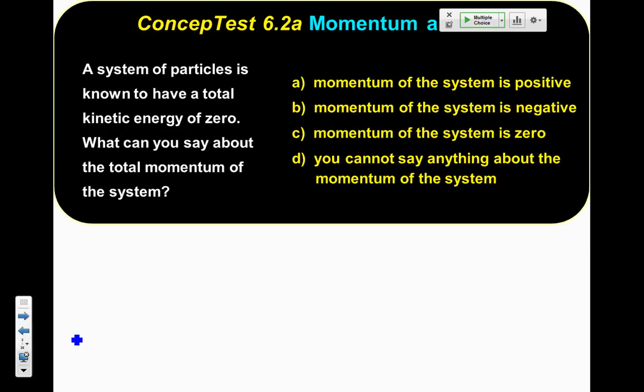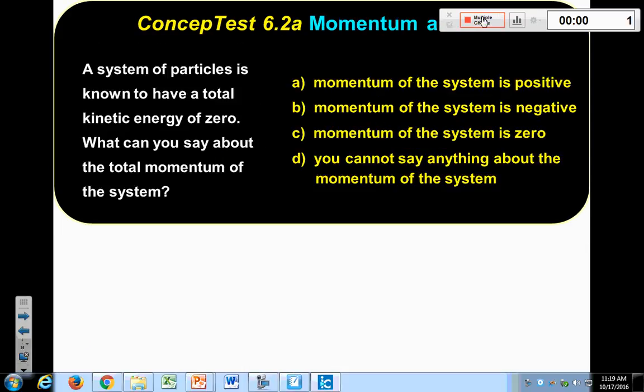All right. A system of particles is known to have a kinetic energy of 0. What can you say about the total momentum of the system? Positive, negative, 0, or you just can't say anything about the momentum. You don't know anything necessarily.